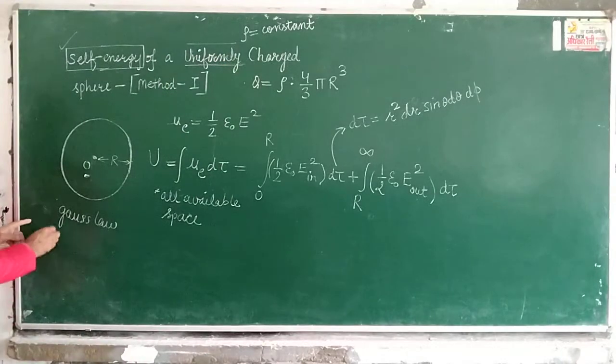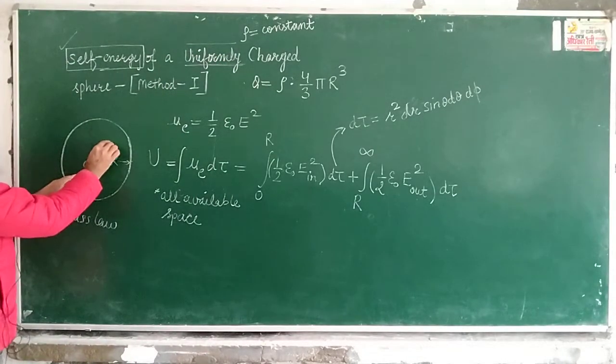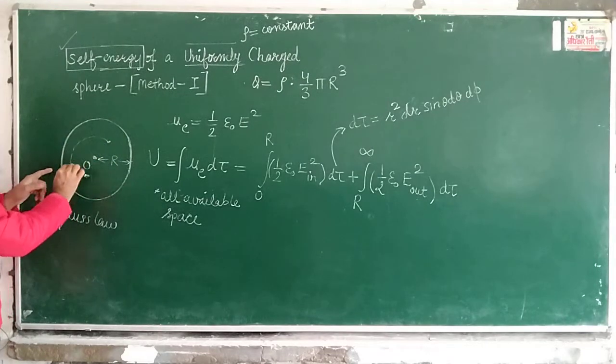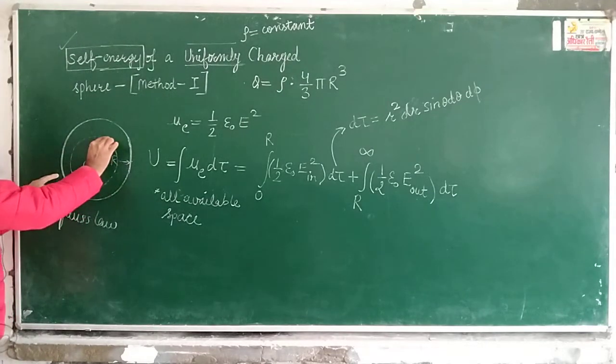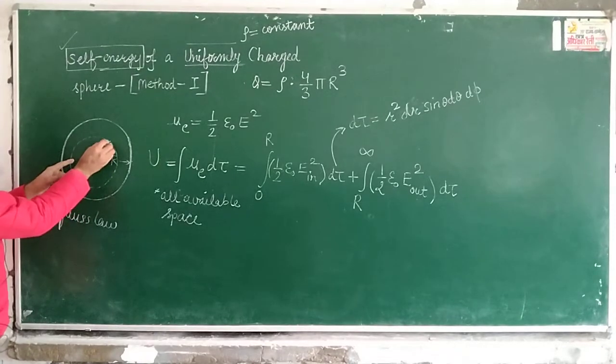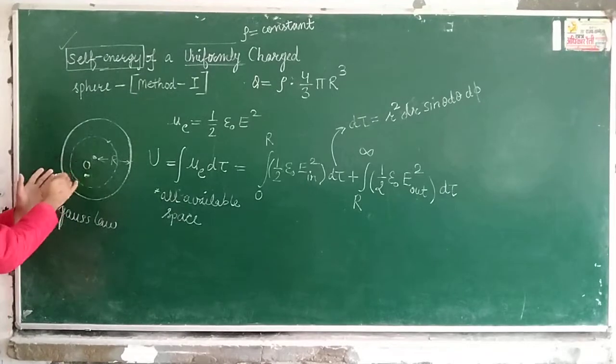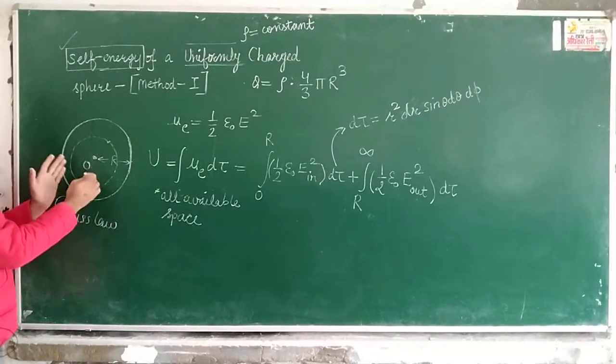We will make use of Gauss law to find E inside. If you want to find the electric field at this point, you will make a Gaussian surface and then see what amount of charge is enclosed in this Gaussian surface.